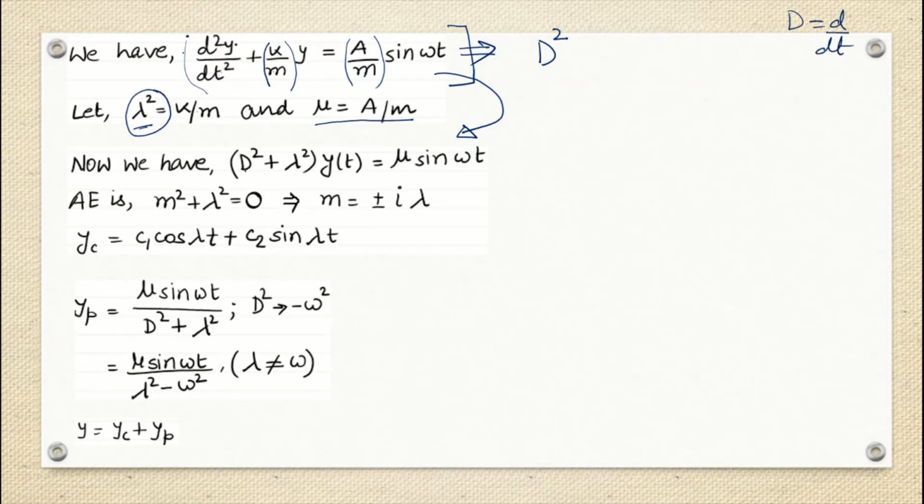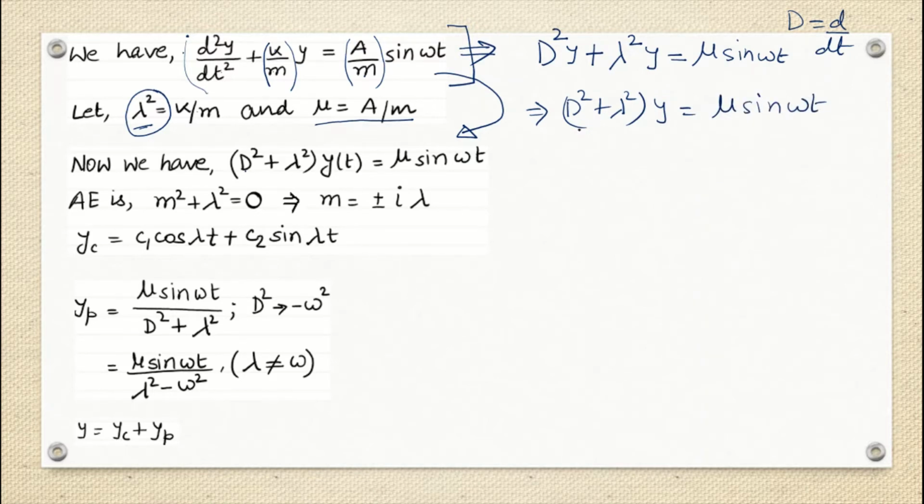So we can write D square y plus lambda square y equals mu sine omega t, or (D square plus lambda square) y equals mu sine omega t. Now just focus on this equation. This is nothing but our ordinary differential equation with constant coefficients, correct?